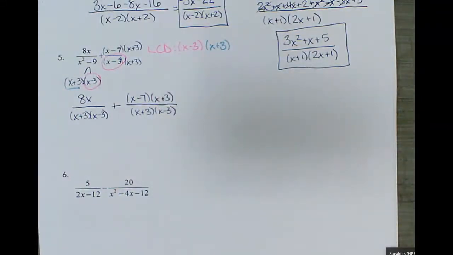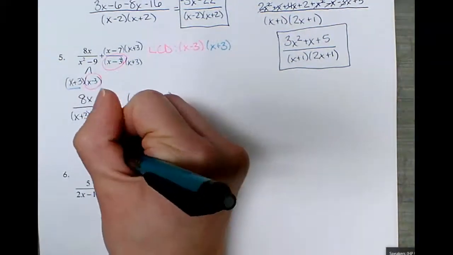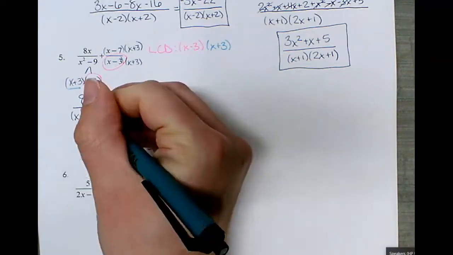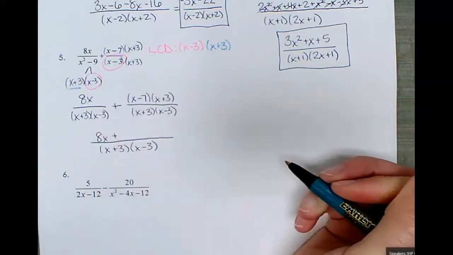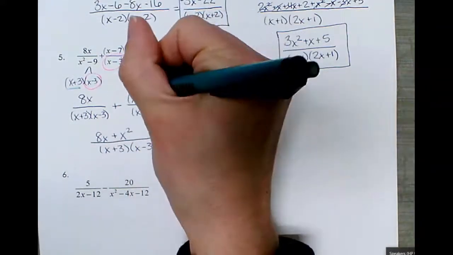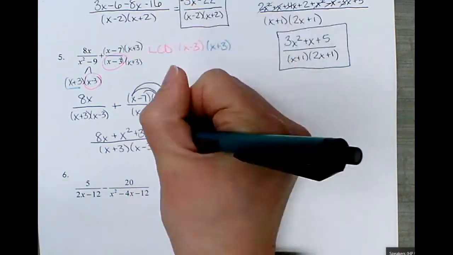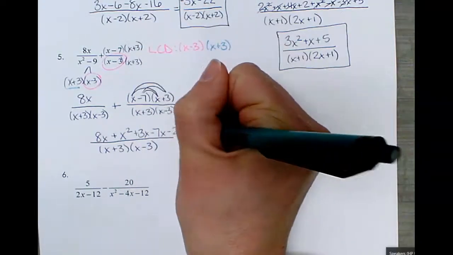Now, whenever I combine the numerators, it will all be over the same denominator. I'll have 8x plus, I need to FOIL, x times x is x squared, x times 3 is 3x, negative 7 times x is negative 7x, and negative 7 times 3 is minus 21.